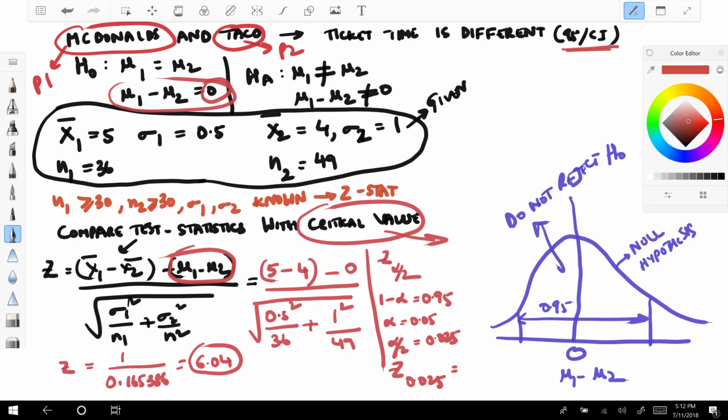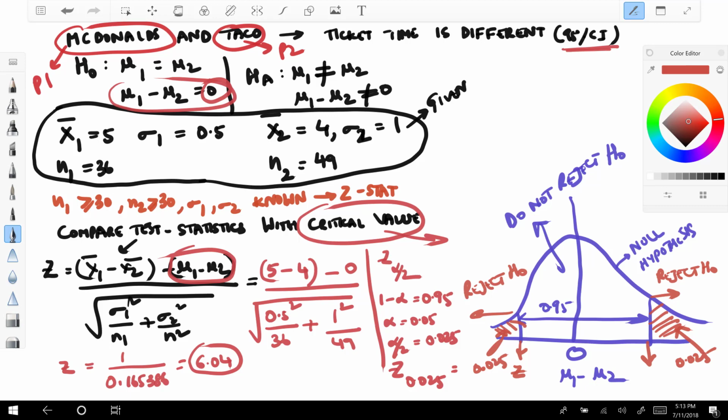However, if you see this region and this region, we reject H null. So based on our critical value, this is 0.025 and this is 0.025. So we need to calculate z value here and here.